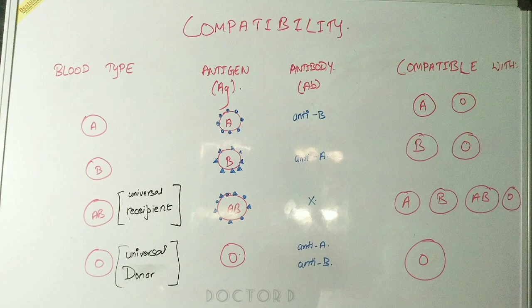There is no antibody present in the plasma and it is compatible with blood group A, blood group B, blood group AB, and blood group O, hence confirming that AB is a universal recipient.